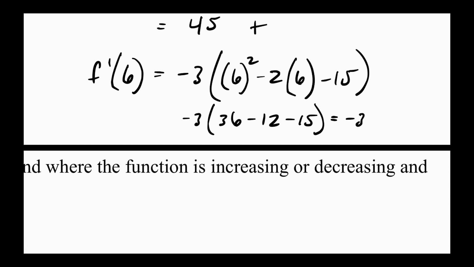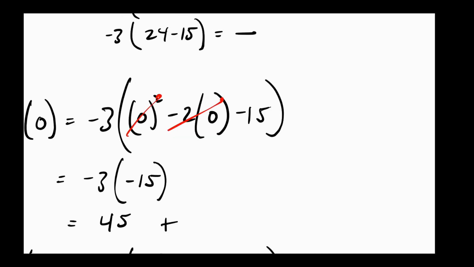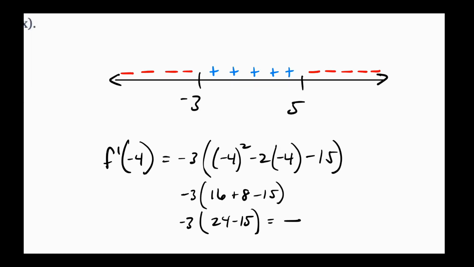That's negative 3 times 24 minus 15, which is 9. So again, that's negative 27, a negative number. Let me go put up a negative over here.